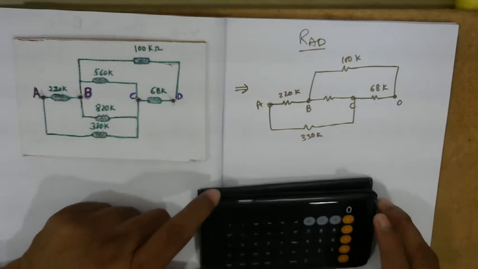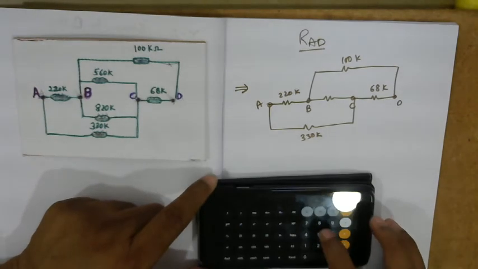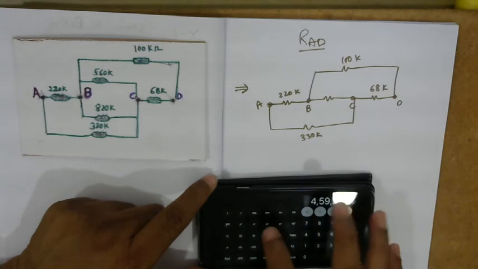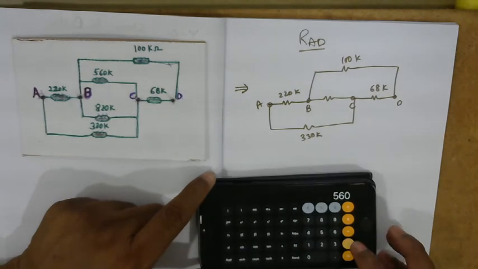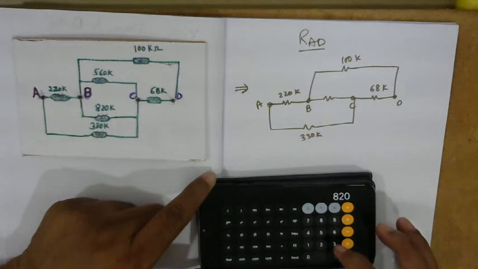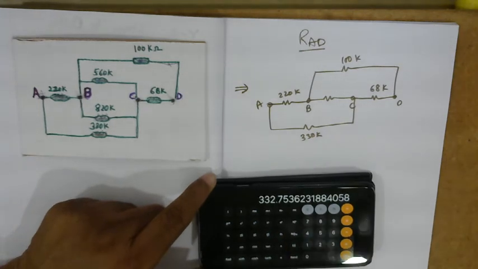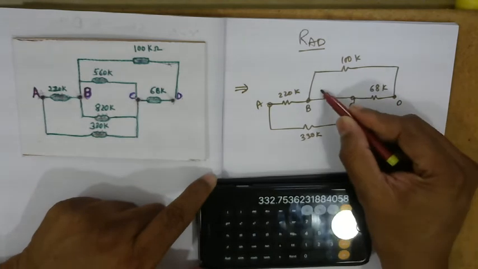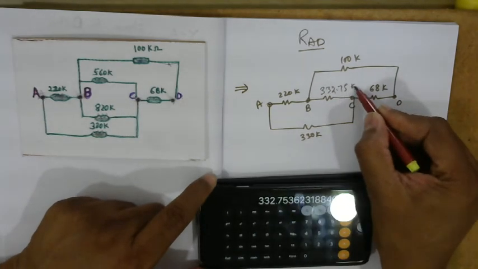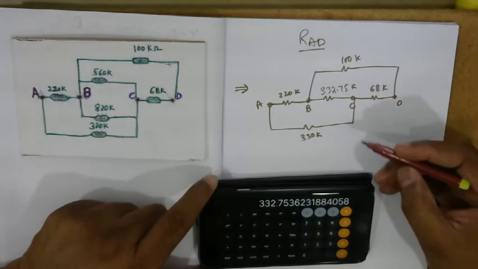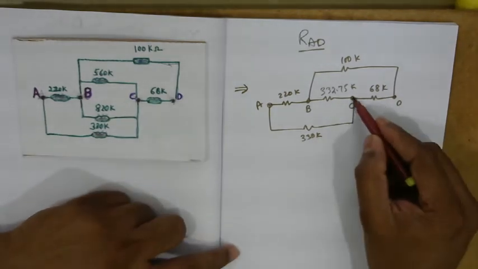Here you can see 560 multiplied by 820 divided by 560 plus 820. So that gives me 332.75. Of course, we have done this before. 332.75 kilo ohms.